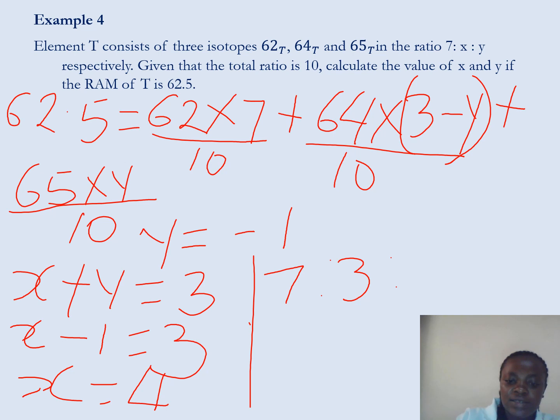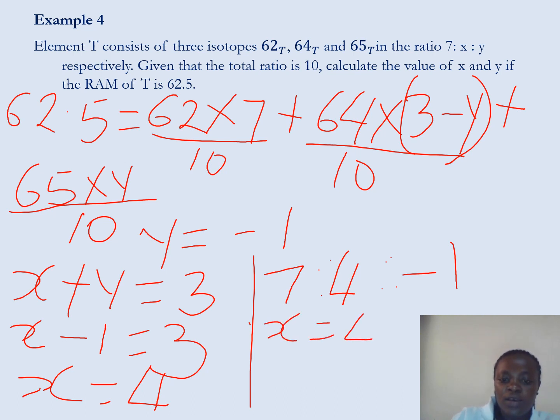Sorry, x is not 3, x is 4. So the ratio is 7 is to 4 is to -1, which is y. So we were finding the values of x and y: x is 4 and y is -1.